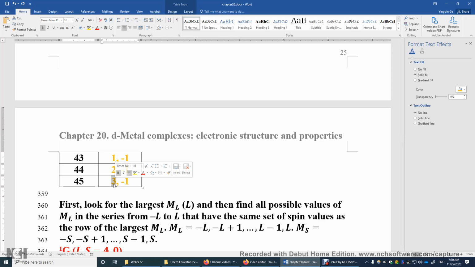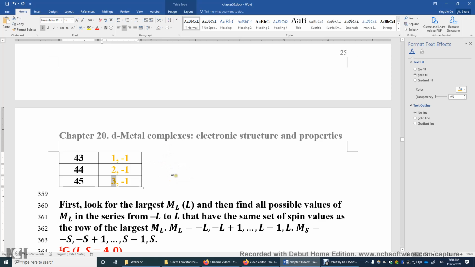When L is 3, m sub L can be from negative 3, negative 2, negative 1 to 0, and then 1, 2, 3. 7 possible values for m sub L. And we learned that there are 3 possible values for m sub S, negative 1, 0, and 1. And these 2 series are independent of each other. So you get 7 options for m sub L and 3 options for m sub S. In total, you have 7 times 3 options, 21 options, or 21 microstates.